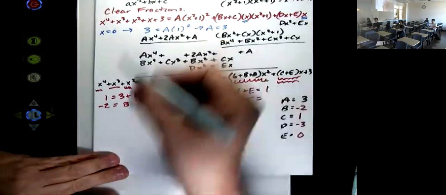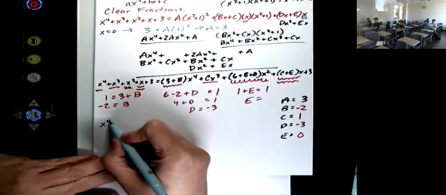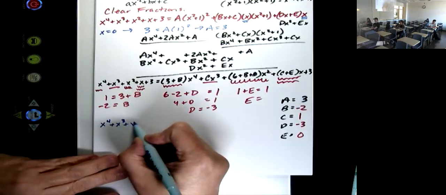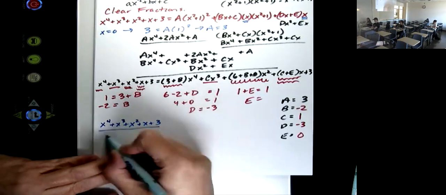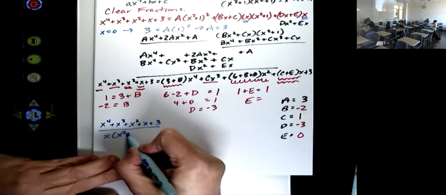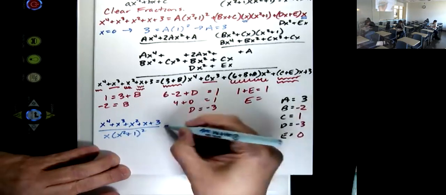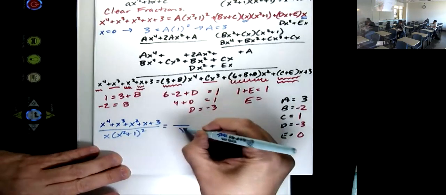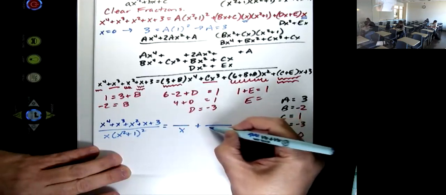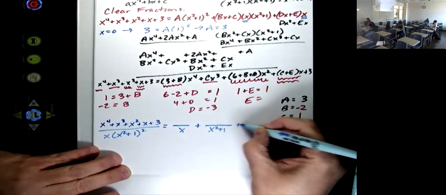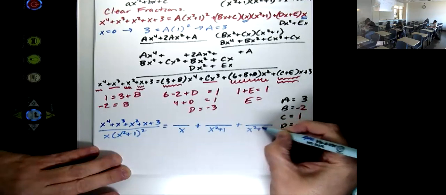If I rewrite this now, I had x to the 4th plus x cubed plus x squared plus x plus 3 over x times x squared plus 1 squared. I had this over x, and then I had over x squared plus 1, and then I had over x squared plus 1 squared.